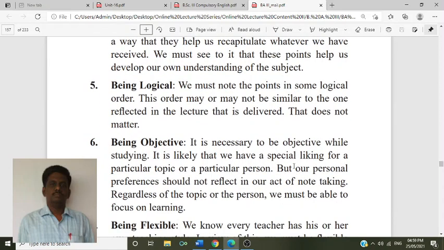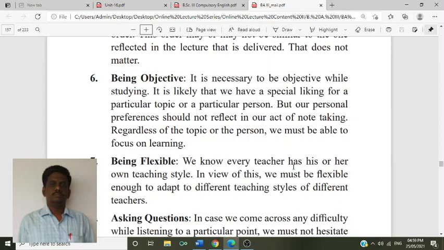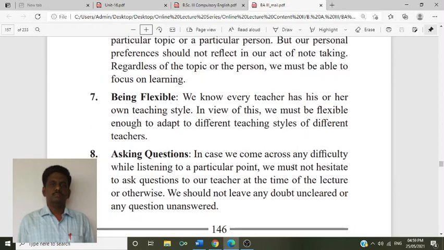Then being logical, there should be a logical order in the notes. Then being objective, we should not be subjective while taking notes. We should not be prejudiced about the speaker, or about the subject which is taught. We should be objective, and we should be flexible according to the teacher's style.